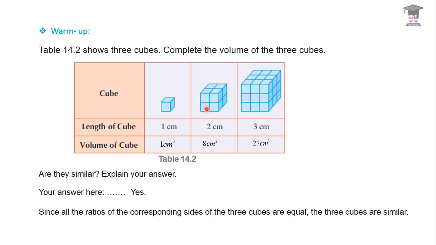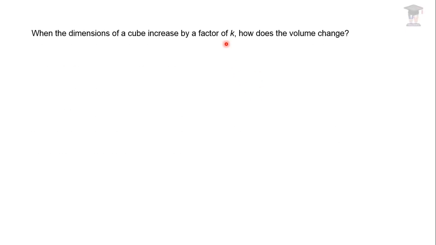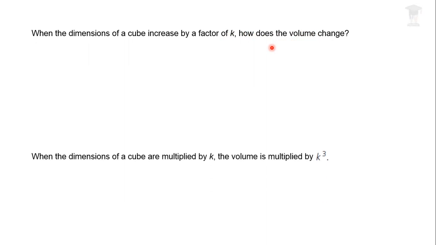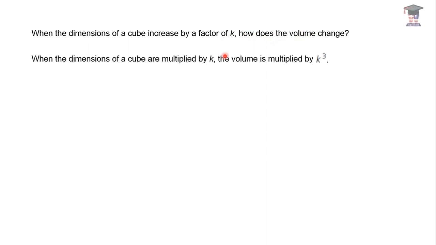Multiply by 2 to get here, multiply by 3 to get here, but now multiply by k. So how does the volume change? Okay, so when we multiply by 2 the volume is multiplied by 2 cube, by 3 it is 3 cube, so when we multiply by k, we also multiply the volume by k cube.